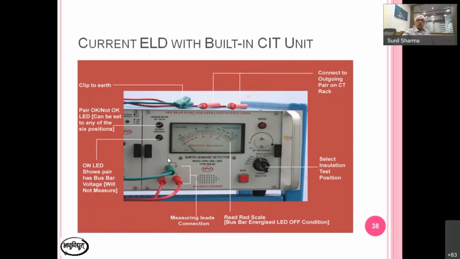Just put your reference on 5 mega ohm and go to the CT rack. If the light is on, it is 5 mega ohm or less. If the light is not on, it is okay, more than 5 mega ohm. You are able to test 100 pairs in 1 hour.